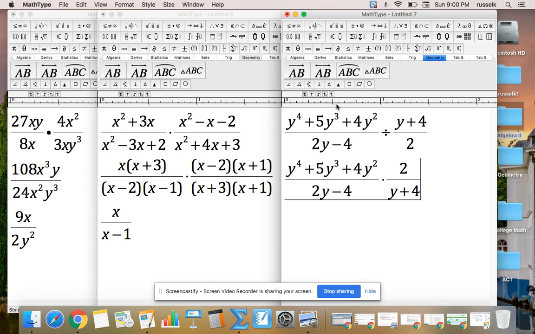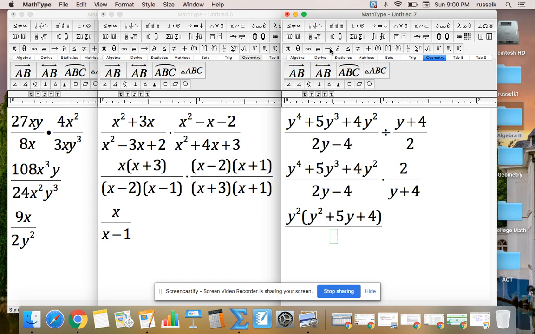Now we want to treat this just like a multiplication problem. There's pluses or minuses, so the first thing you'd want to do is factor. Factoring the top of the first fraction, we can factor a greatest common factor of y squared out. That would leave me with y squared plus 5y plus 4.